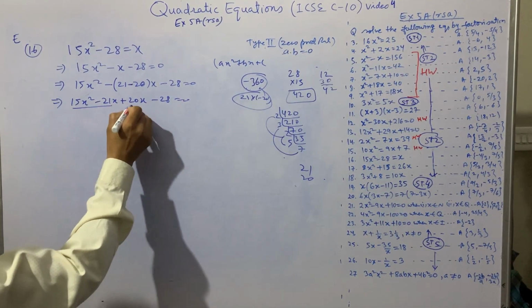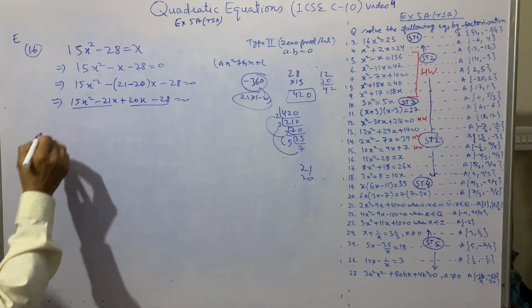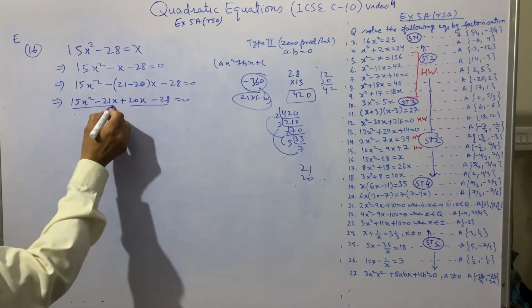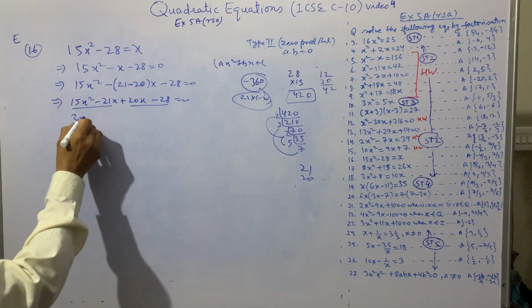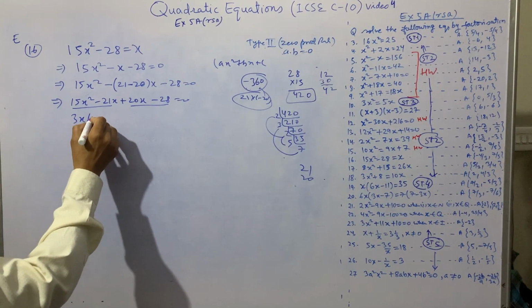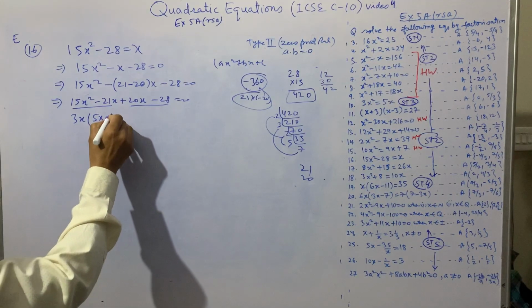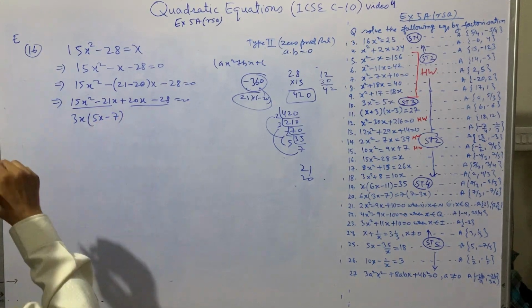So on grouping, what do we get? We are getting 3x common: inside we get 3 5 is 15, 5x minus 3 7 is 21.